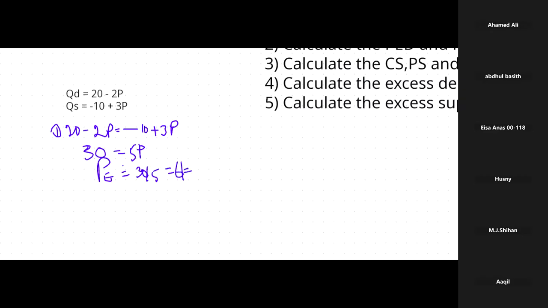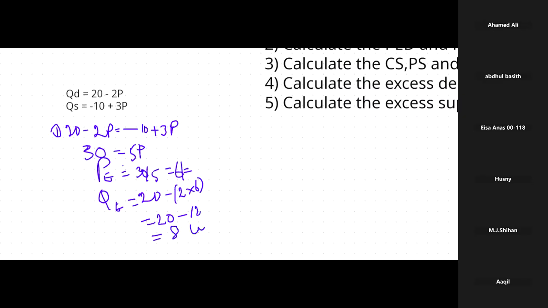Then the quantity: you substitute the 6 rupees in the demand function, or else in the supply function. Equilibrium price is 6 rupees, no? If I substitute in the demand function, it will be 20 minus 2 into 6. 20 minus 12 is 8 units.